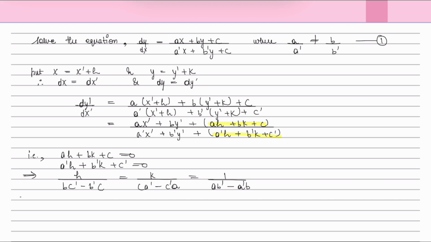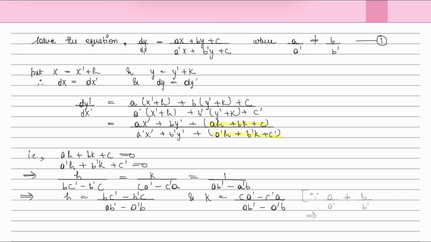And from here we can find the value of h as (b into c dash minus b dash into c) whole divided by (a b dash minus a dash into b), and the value of k will be (c into a dash minus c dash into a) whole divided by (a into b dash minus a dash into b). We know the given condition is that a upon a dash is not equal to b upon b dash.